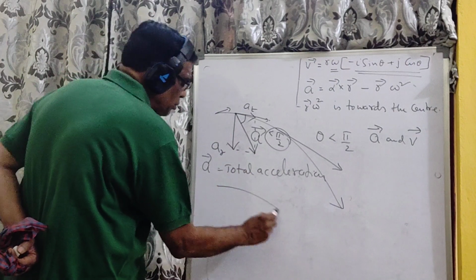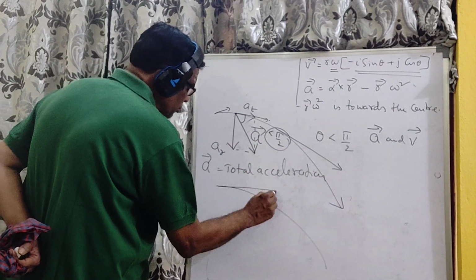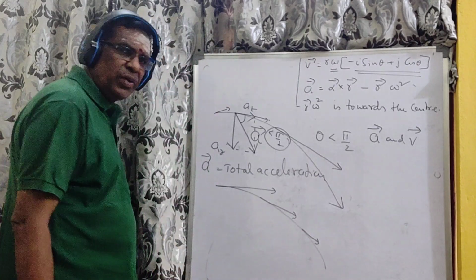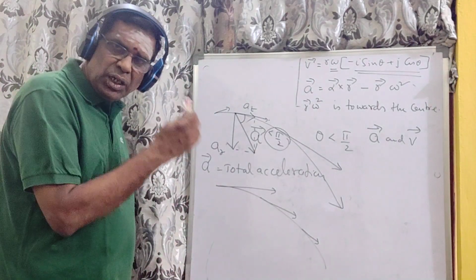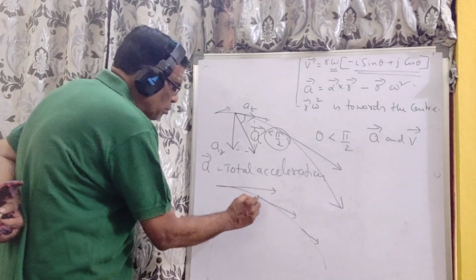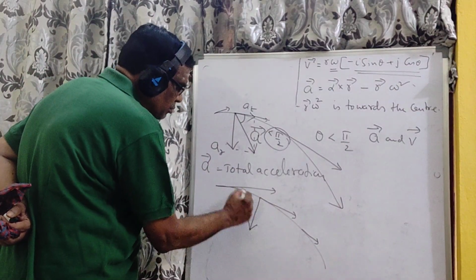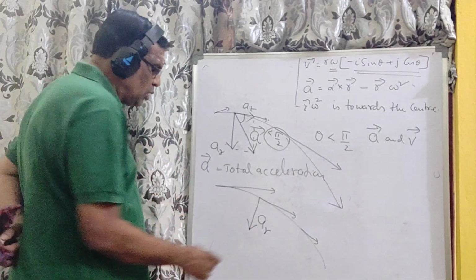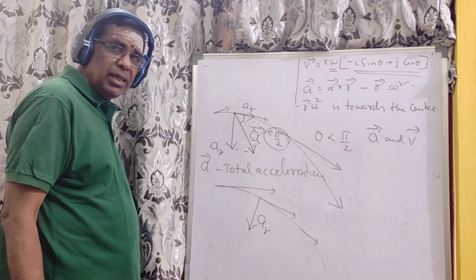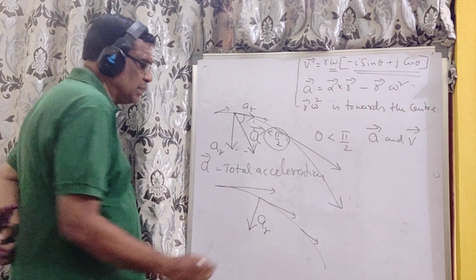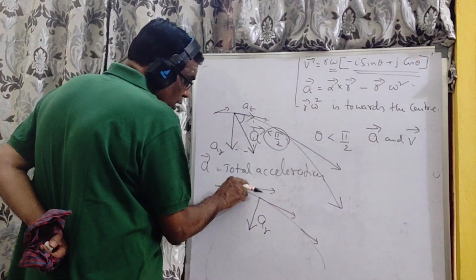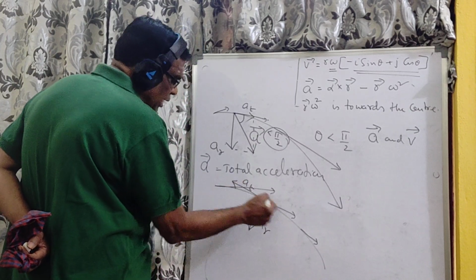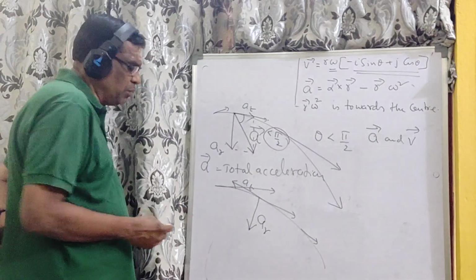Now the same thing I take. What's the difference between the two? Both are curvilinear motions, but here the magnitude is decreasing. It makes no difference whatsoever to this. Therefore, it is AR directed towards the center. But V is decreasing. Therefore, AT is directed opposite to V bar.